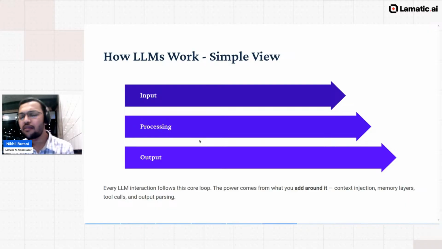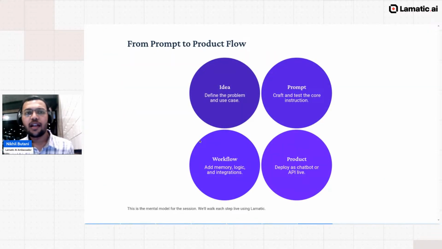So basically, every LLM follows the core loop, right? The main thing is your context. If you write a prompt and anything, the tool or the LLM needs to understand the context, right? So now, the from prompt to product flow, right?